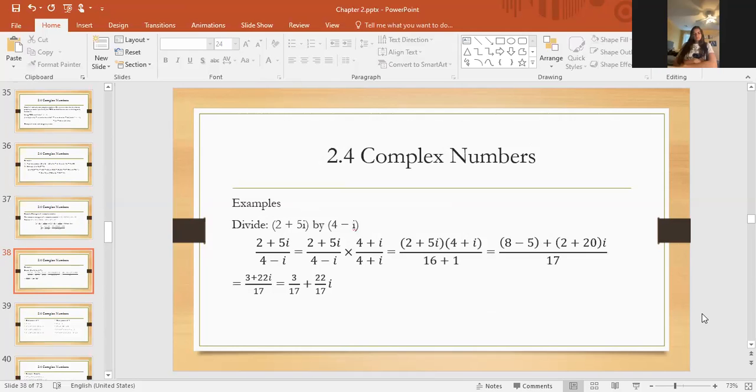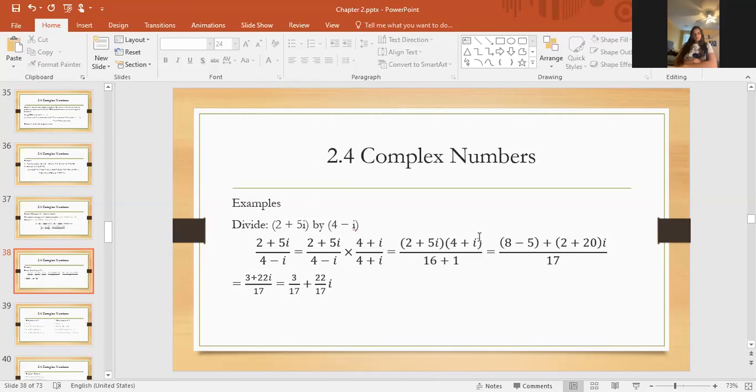So another example here, we might want to divide 2 plus 5i by 4 minus i. We are going to express the division here. 2 plus 5i divided by 4 minus i equals, we will multiply the top and bottom by the complex conjugate of the denominator. That will help us to get rid of the imaginary part of the complex number in the denominator.